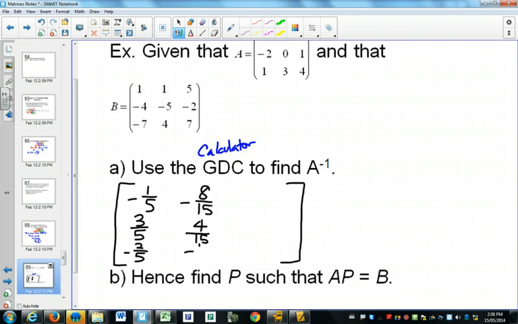Gotta think of stuff to say. I can't just go ooh for every single one. Excellent. Terrific. Negative 1 over 15. 4 over 15.